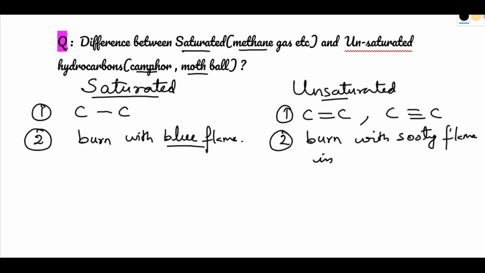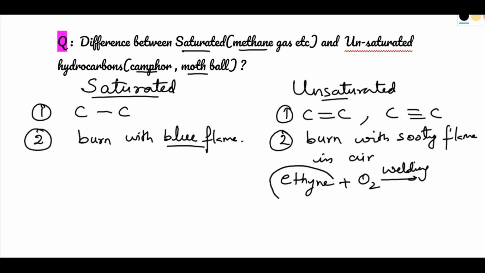If we want complete combustion of unsaturated hydrocarbons to occur, we have to supply pure oxygen, not air. That is why we have the example of why ethyne plus oxygen is used for welding purposes. Because ethyne is an unsaturated hydrocarbon, in presence of air it burns with sooty flame.